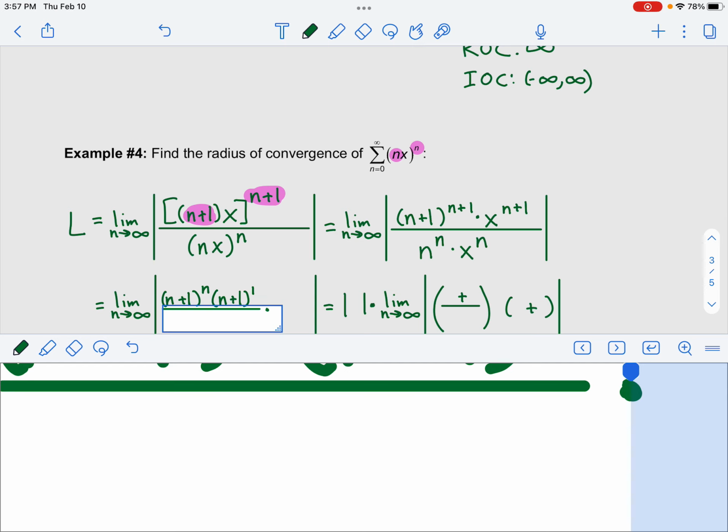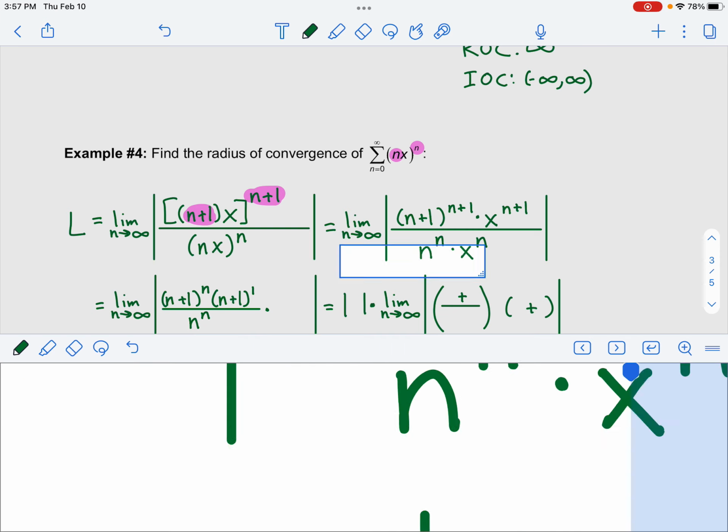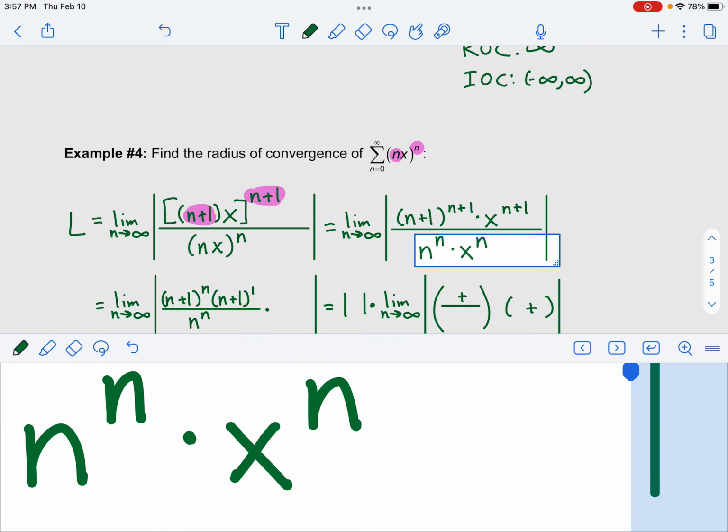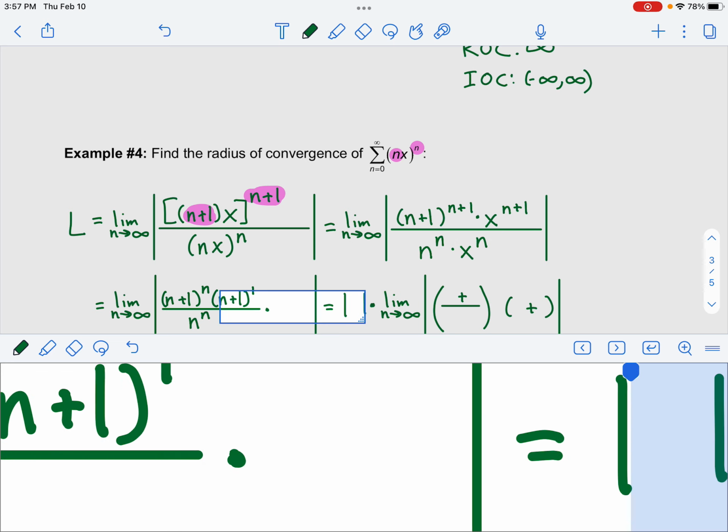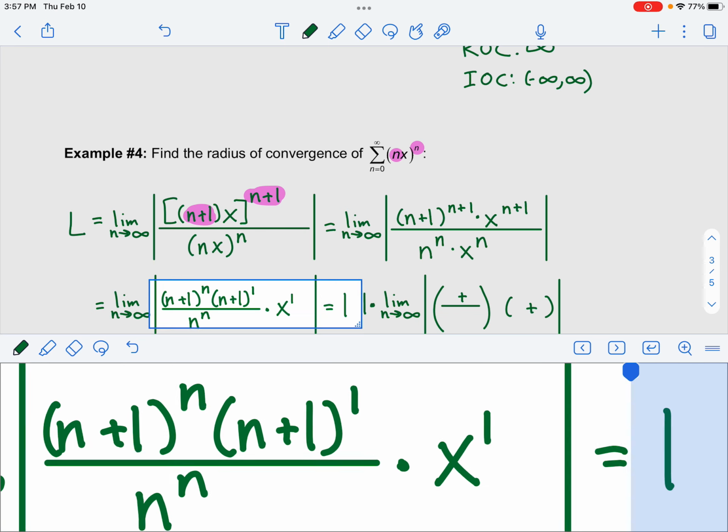And my denominator I'll leave as n to the n still. Now x to the n plus 1 over x to the n is just going to give me an x, or an x to the first. If you want to write the 1 with the exponent there as well, it can't hurt.